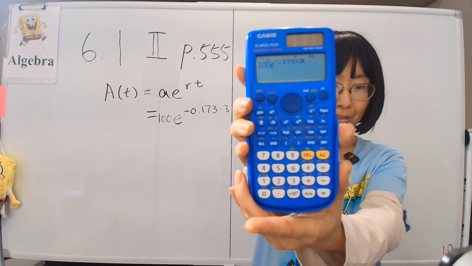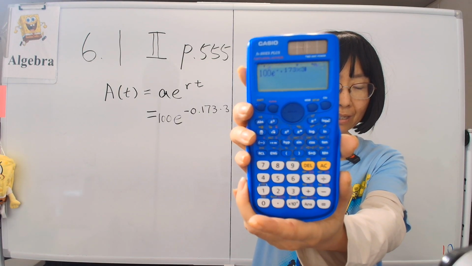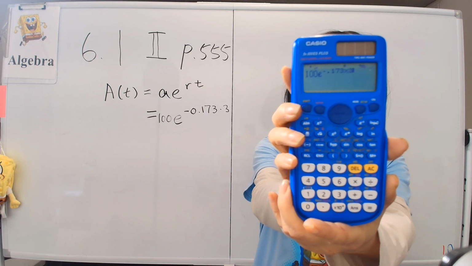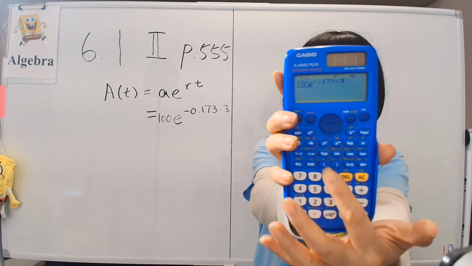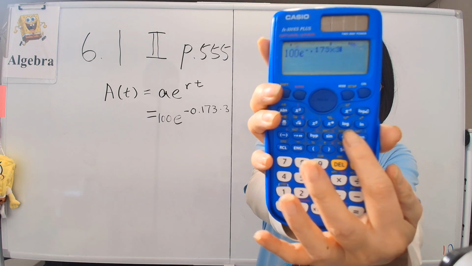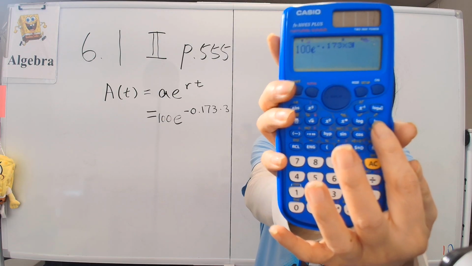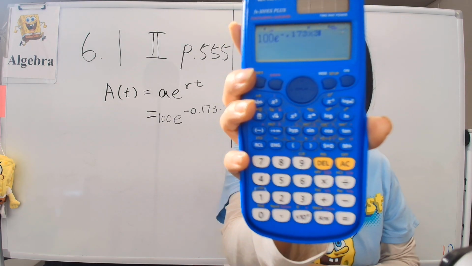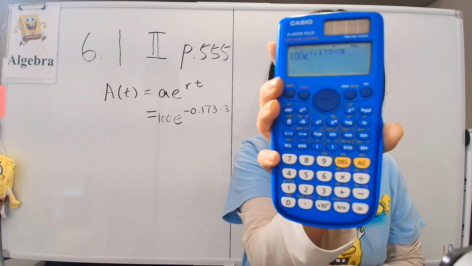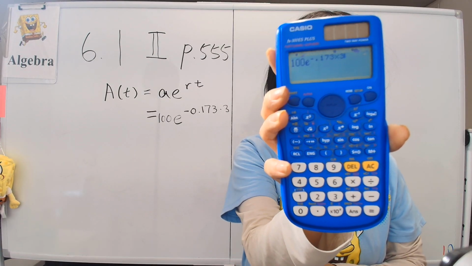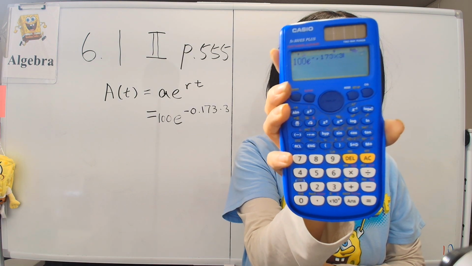As you can see, 100, and on my calculator to type in e, we have to push the shift button right here and then push the natural log button, which is right about here. When on top of there, then you can see the e button. Anyway, that should be how that works.